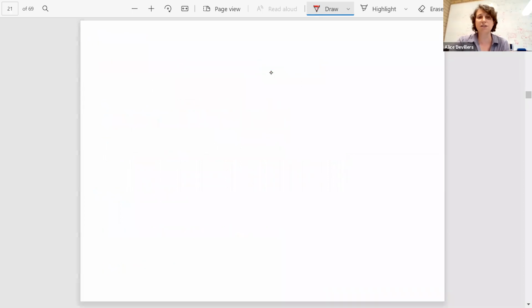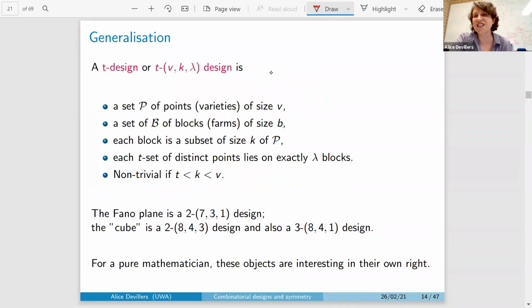We can generalize this to what's called a t-design, or t-(v,k,lambda). It's exactly the same definition as before, but this time I'm asking that each t-set of distinct points lie on exactly lambda blocks. So if I take t equals 2, then it's the definition from the previous slide. This is just a generalization. So the Fano plane was the 2-design with parameters v=7, k=3, and lambda=1.